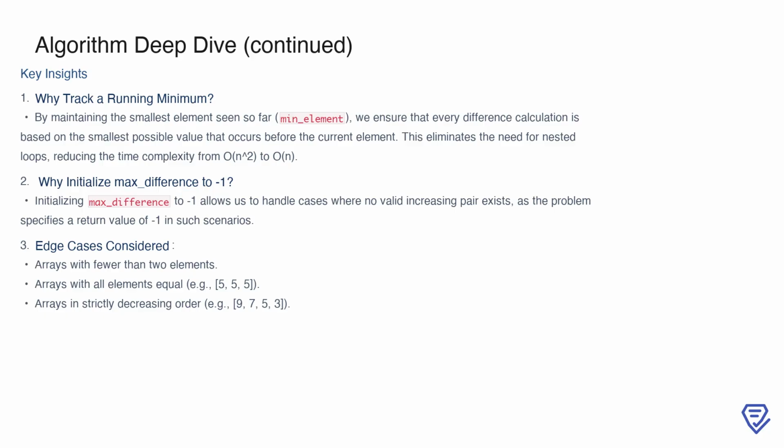Second, initializing max_difference to -1 is important because it allows us to handle cases where no valid pair of increasing elements exists, as the problem specifies -1 as the return value in such scenarios. Lastly, the algorithm considers all relevant edge cases, such as arrays with fewer than 2 elements, arrays where all elements are equal, and arrays that are strictly decreasing. These considerations make the solution robust and applicable to a wide range of input scenarios.